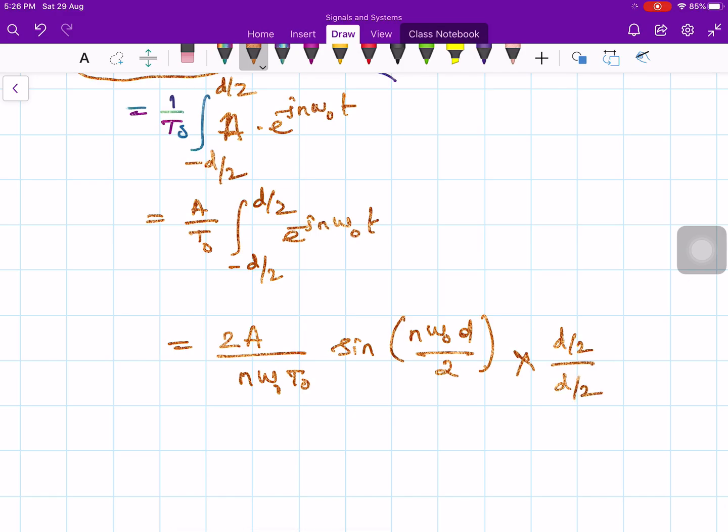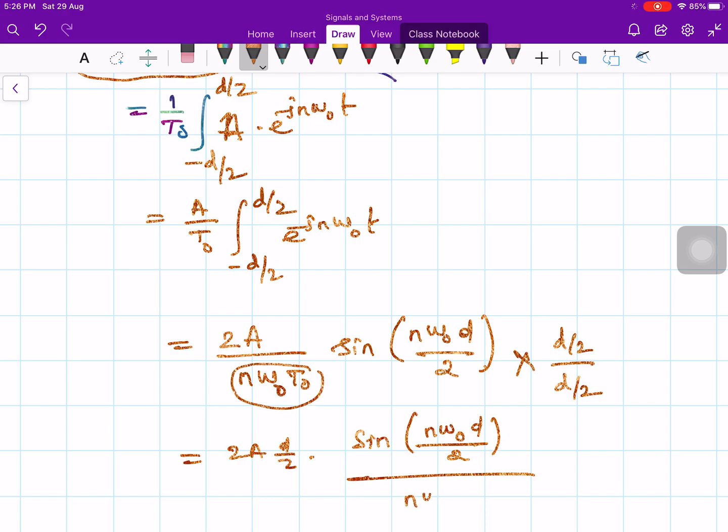So 2 times a times d by 2 times sine of n omega naught d by 2, divided by this whole thing n omega naught t naught.